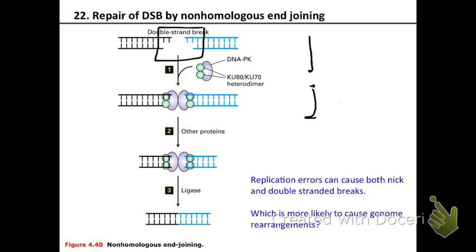But let's say there is another chromosome here that by chance has another double-strand break here. The non-homologous end joining machinery actually does not know that this end needs to be ligated to this end, right?